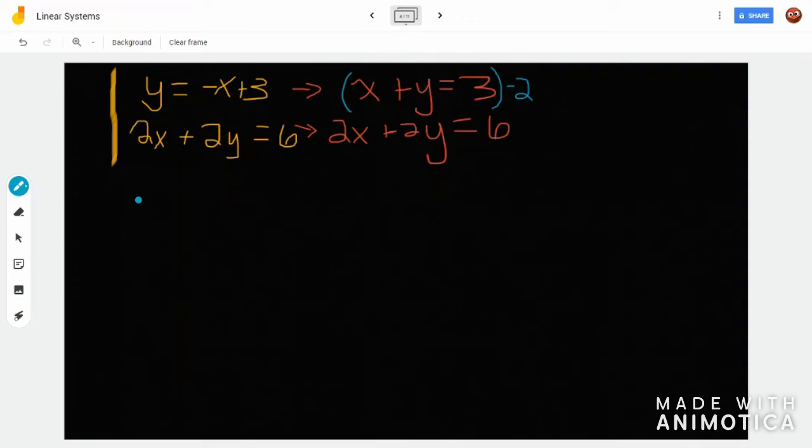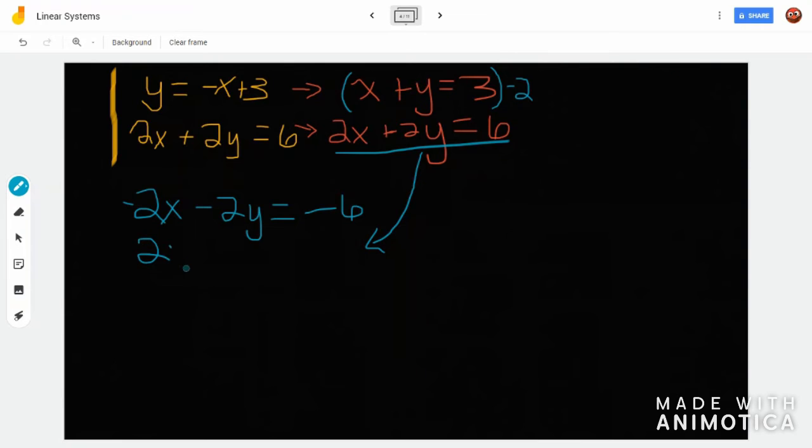We'll carry it down here in blue. So x times negative 2 is going to give us negative 2x. Y times negative 2 will give us negative 2y. And of course, 3 times negative 2 is negative 6. Now we'll bring this equation down right there. 2x plus 2y equals 6.